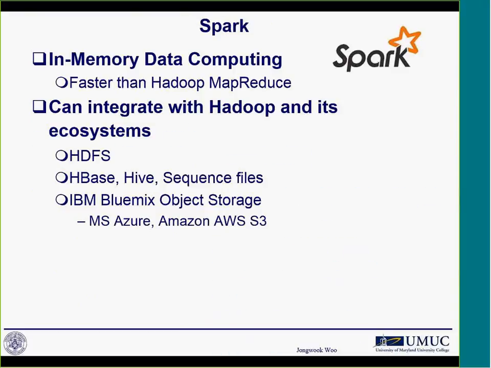So the Spark core, as you know, now I'm pretty sure most of you know what Spark is, but Spark is actually in-memory data computing. That is a lot faster than Hadoop MapReduce. Spark originally came from the UC Berkeley AMPLab with the Mesos resource manager plus the Tachyon file system. However, Hadoop has been dominating the market already.